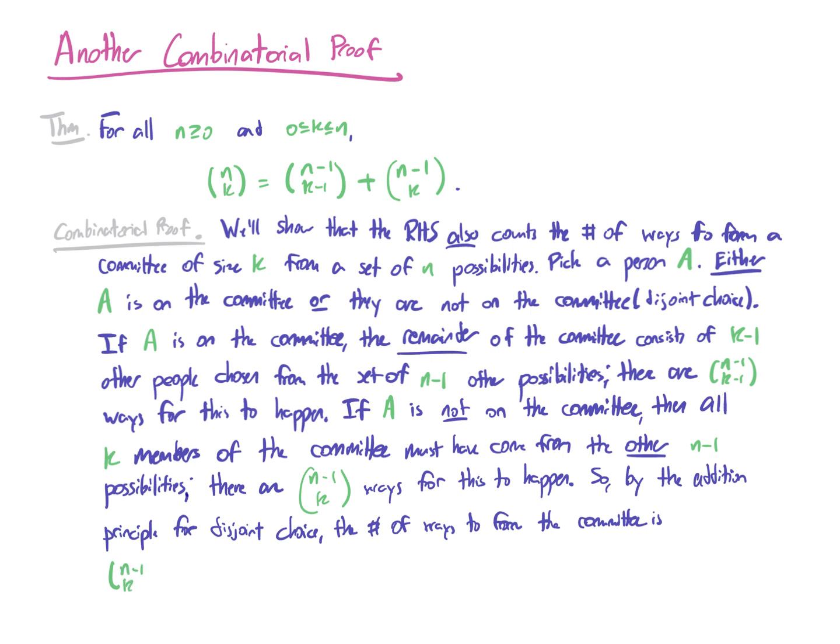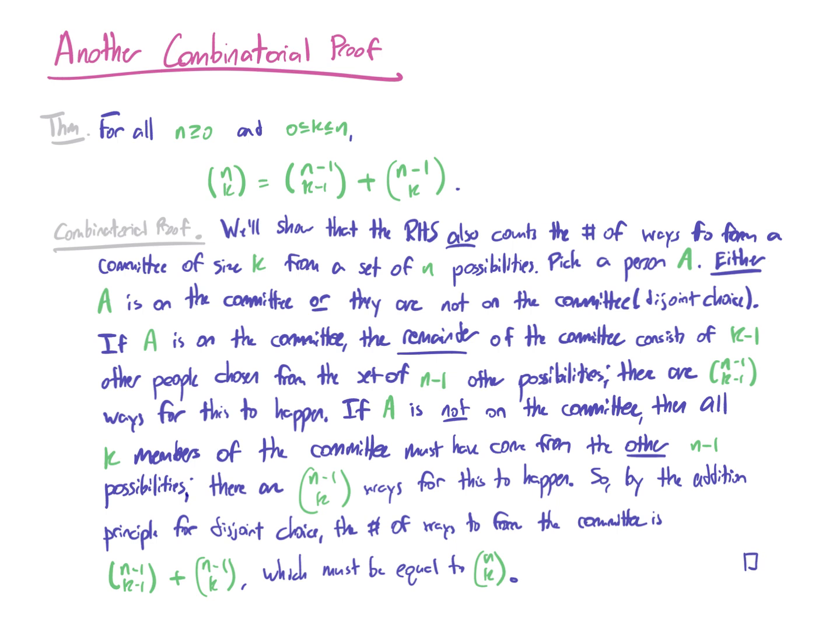N minus 1 choose k minus 1 for the case that A is on the committee, plus n minus 1 choose k for the case that A is not on the committee, which must be equal to n choose k, because n choose k is also the number of ways to form a committee of size k from a set of n possibilities.